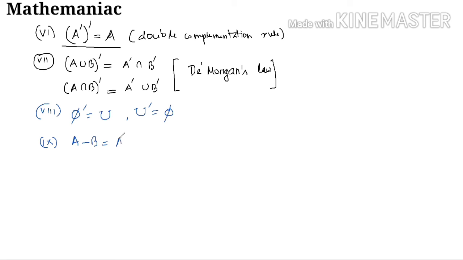This can be written as A intersection B complement. I did not explain complement that time, so I did not derive it from the Venn diagram of complement. So you can now easily observe it on the Venn diagram. B minus A will be equal to B intersection A complement. You can use a dash, you can use C also. Choice is yours.